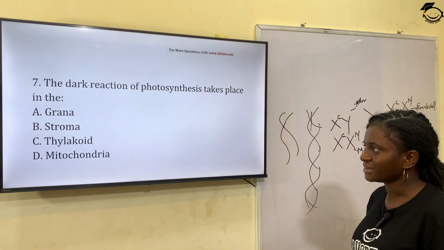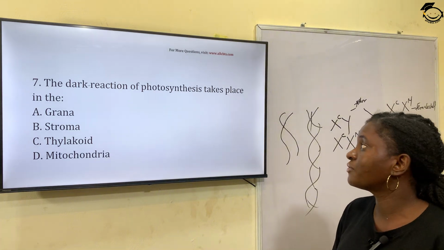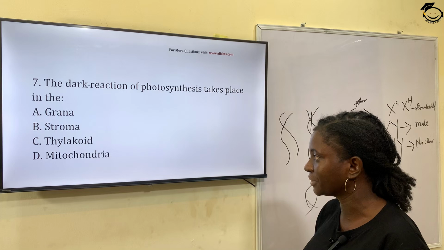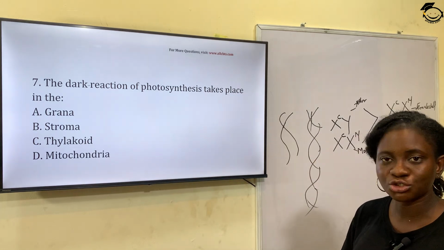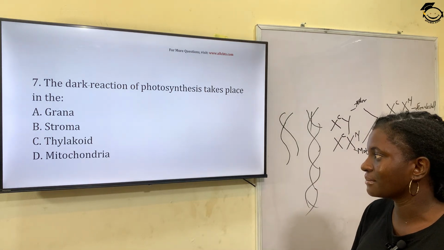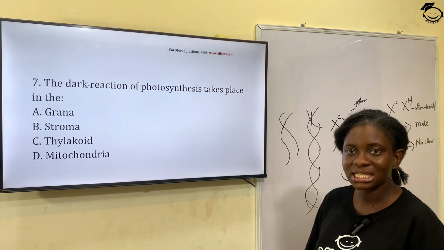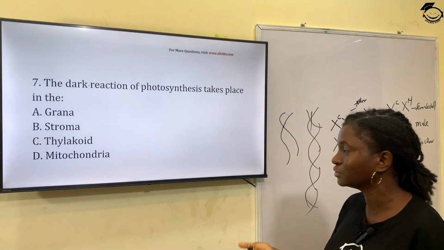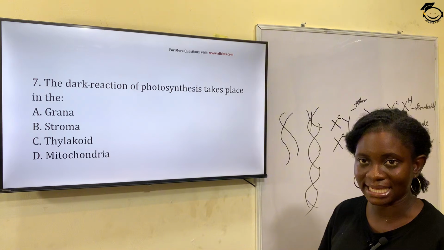7. The dark reaction of photosynthesis takes place in which of the following? The grana, the stroma, option C, thylakoid, and option D, mitochondria. Photosynthesis is a means where plants produce their food in the presence of light.